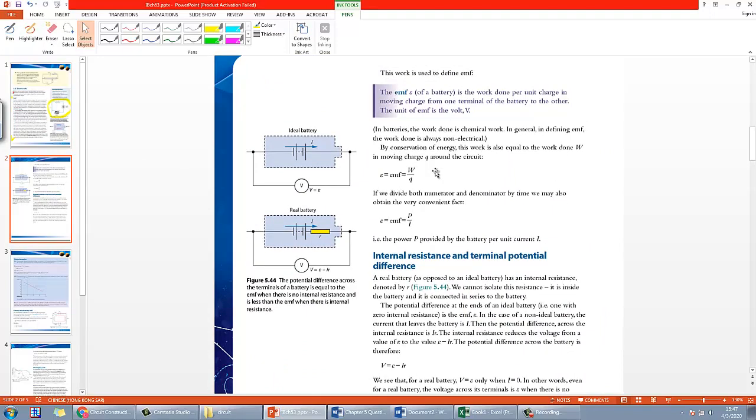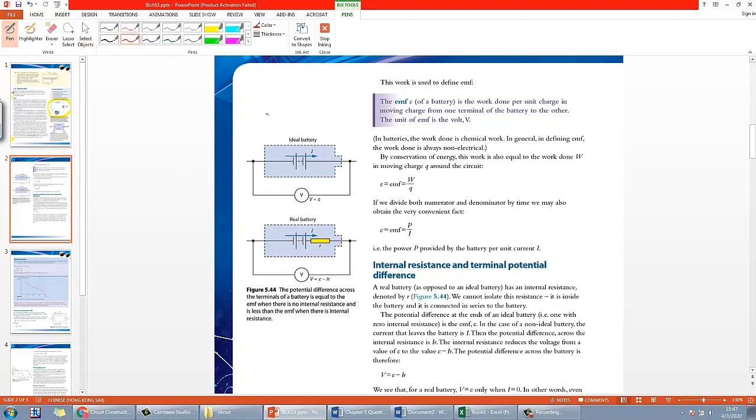so not something that is very new to you. The new thing, however, is you now have to distinguish the idea of EMF from voltage. In the past when we talked about EMF, the full name is actually called the electromotive force.